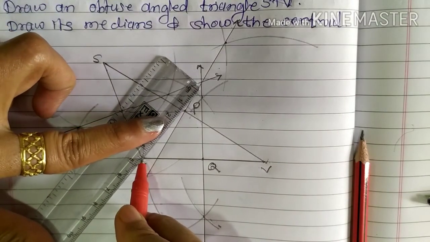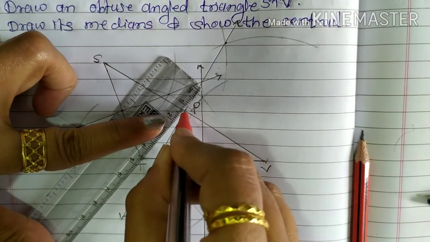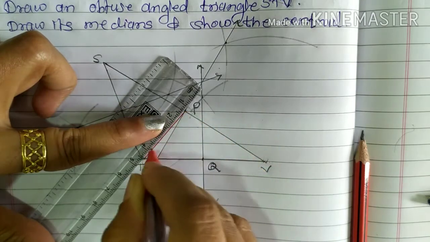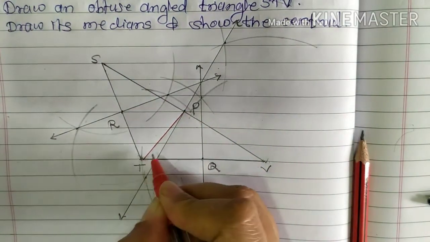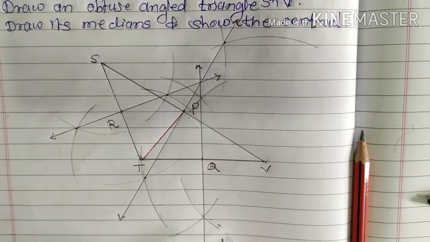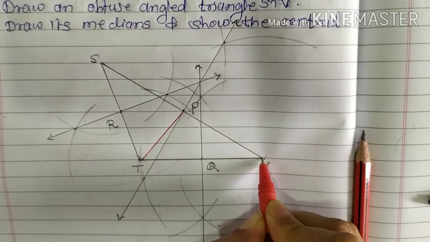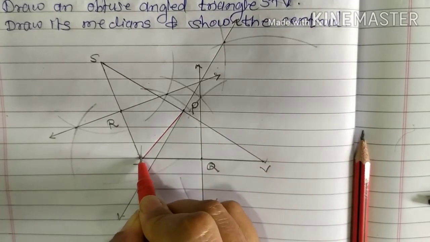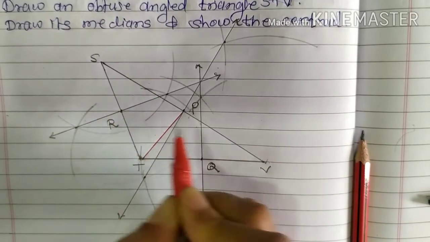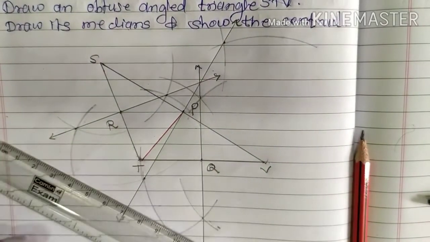Here I use the red pen. For your understanding, you use the pencil. This is the first median. Then the second point, that is point V. Opposite side, that is TS, and the midpoint of TS is R. Hence we are joining these 2 points.